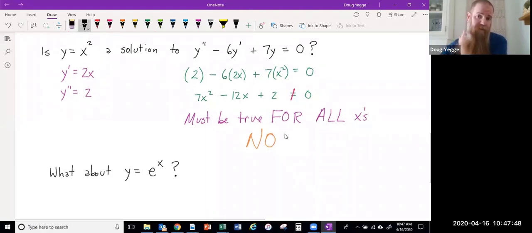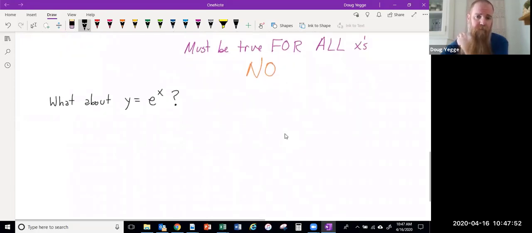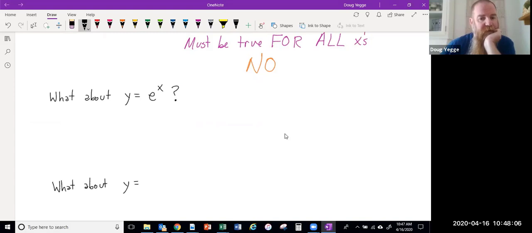So I'm going to go ahead and separate you guys into some groups here, and do the next couple, just the same differential equation. I'm going to give you a couple though. What about y equals sine x? Let's make this e to the negative x.